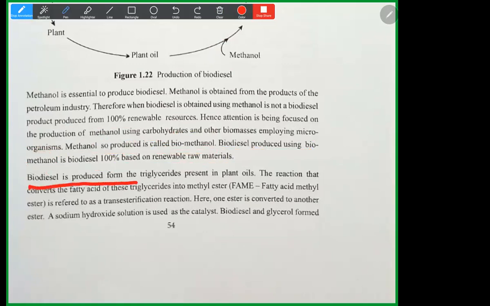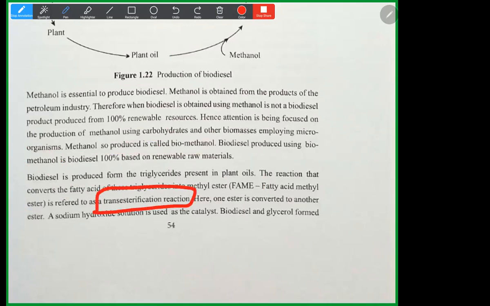Biodiesel is produced from the triglycerides present in plant oils. The reaction that converts the fatty acids of these triglycerides into methyl esters, which are fatty acid methyl esters or FAME, is referred to as a trans-esterification reaction.